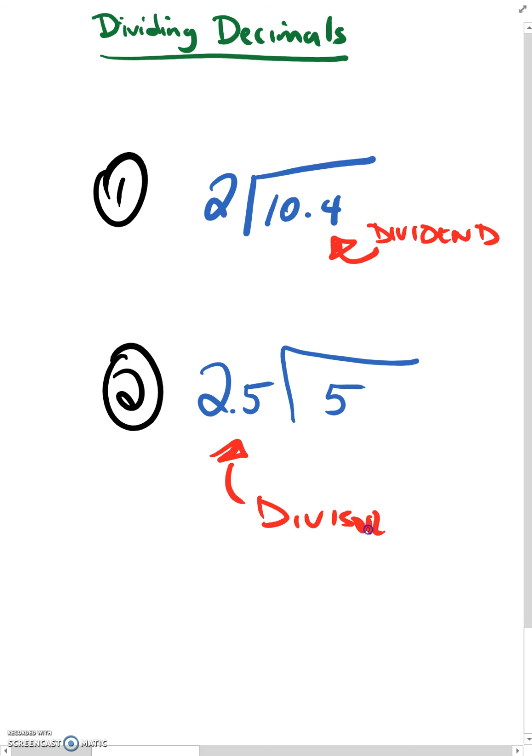So you have to apply two different methods to each one of these. Okay, let's go over the first one.